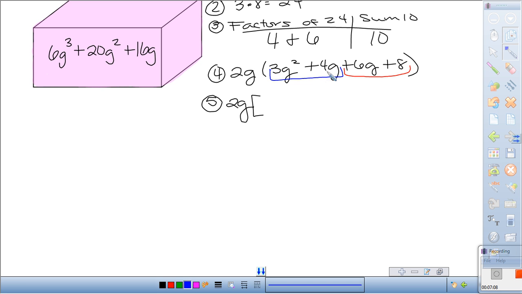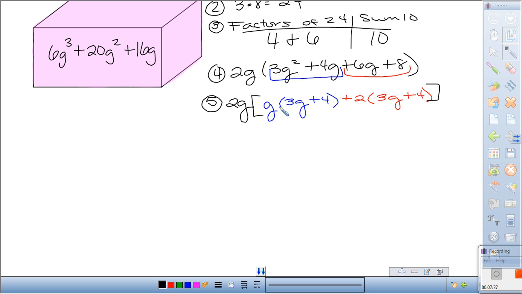GCF of 3g squared and 4g, well, they don't have a number in common. They both certainly have a g in common. So g times 3g gives me 3g squared, and g times 4 would give me 4g. And then our second group, the GCF is just a 2, so plus 2, a positive 2, times 3g would give me 6g, and 2 times 4 would give me 8.